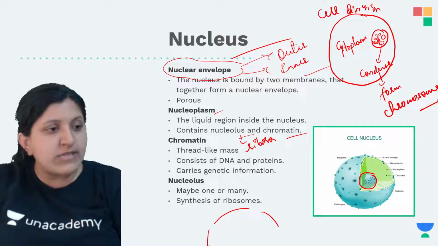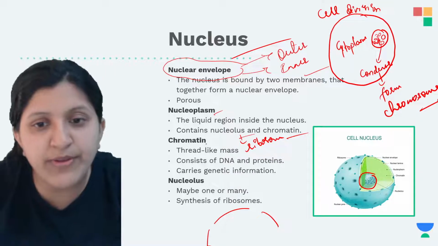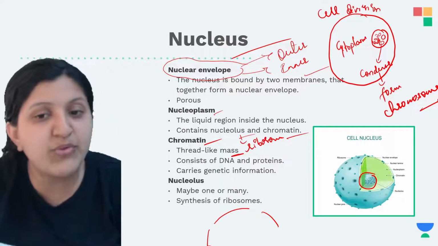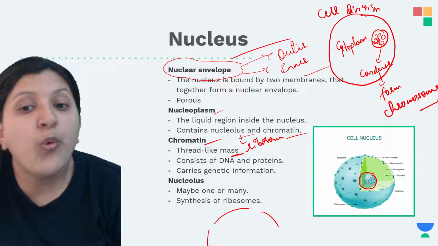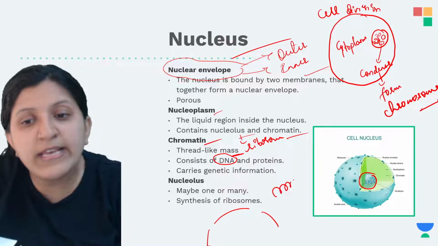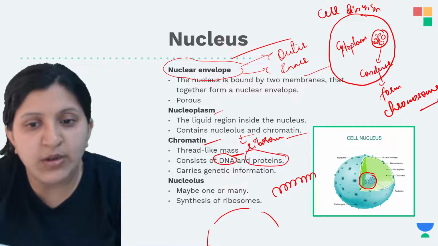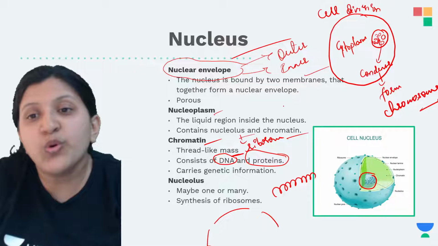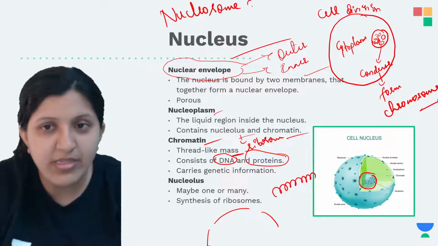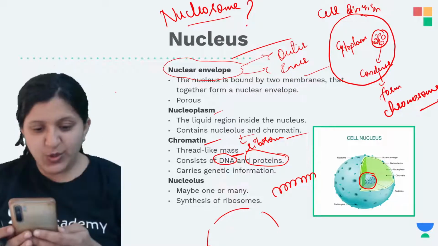Chromatin is a thread-like mass mainly having DNA, so the coiling structure which you observed is the DNA along with the protein. We will see what exactly a nucleosome is. Any idea what a nucleosome is? Any of you?